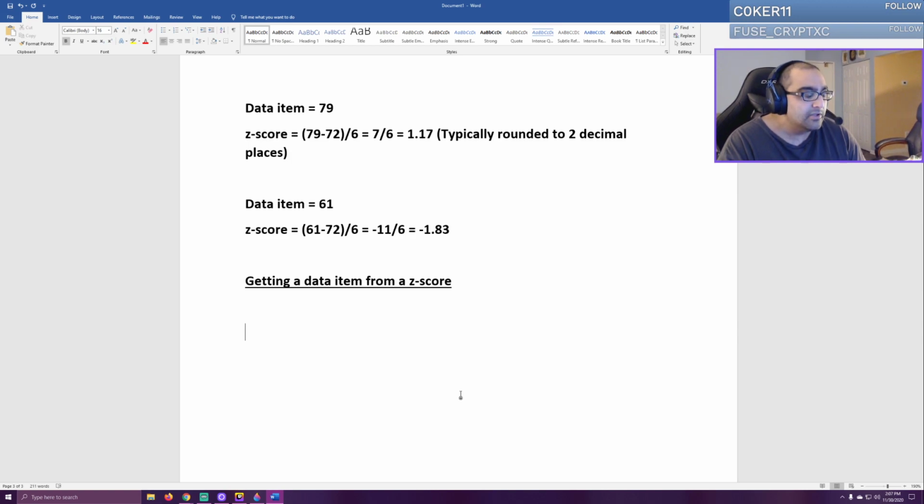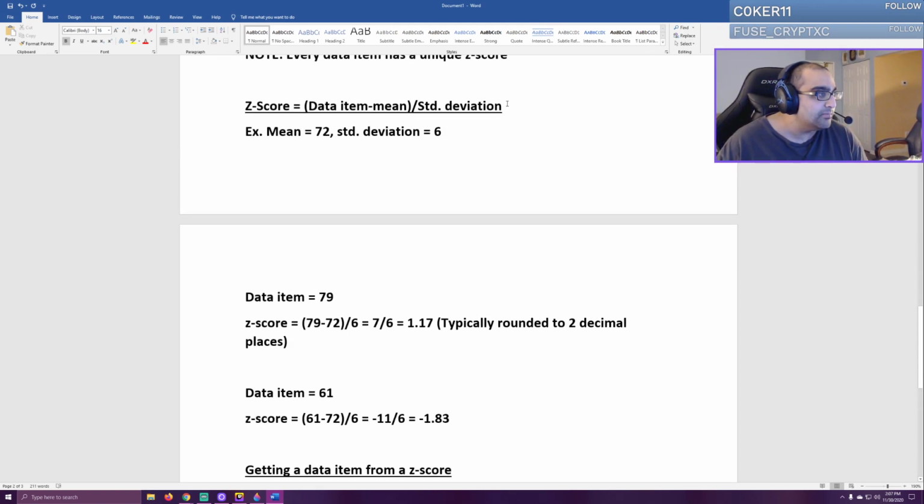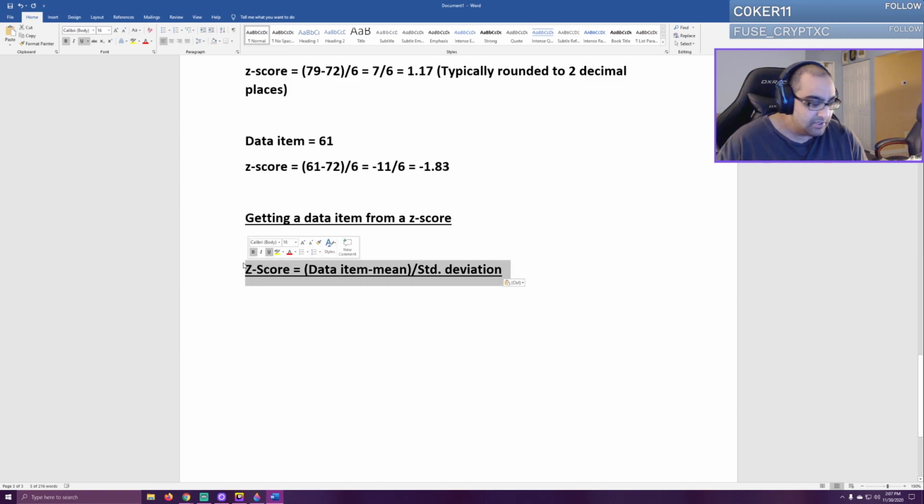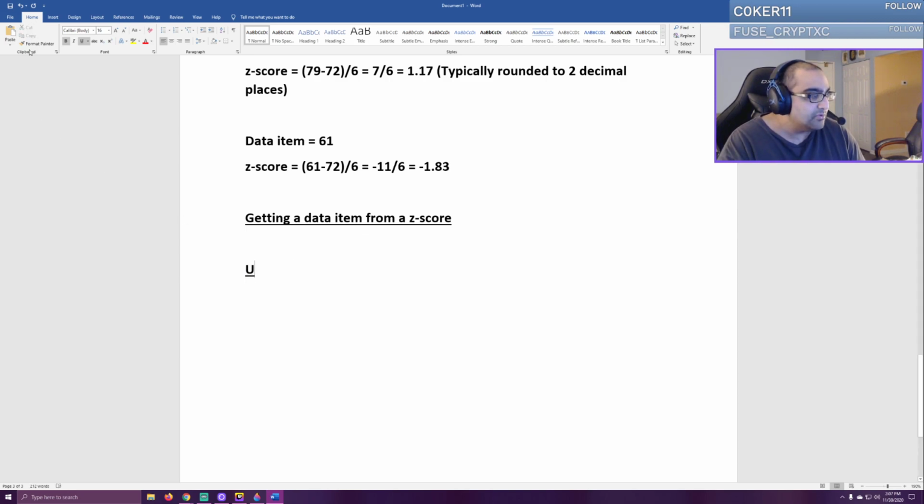So let's say we're given a z-score. Again, we're going to use the same formula here, only this time we're just going to do a little bit of trickery. So I'm just going to put the z-score formula here, and let's do an example with this.